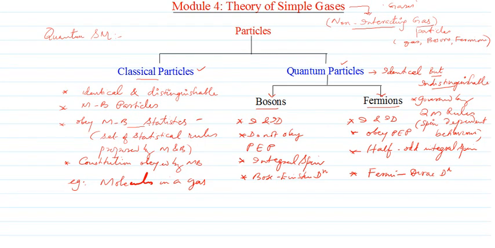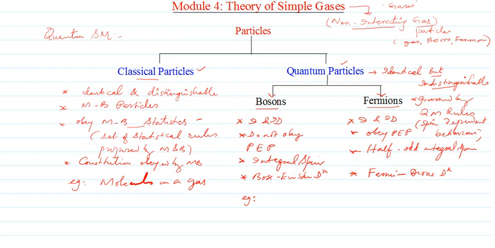Both of these categories must, in general, obey the quantum mechanical rules. You have a number of examples of bosons and fermions, and we'll be dealing with them in detail in two other modules which follow, on ideal Bose systems and ideal Fermi systems. It will be quite straightforward once you go to those two modules.